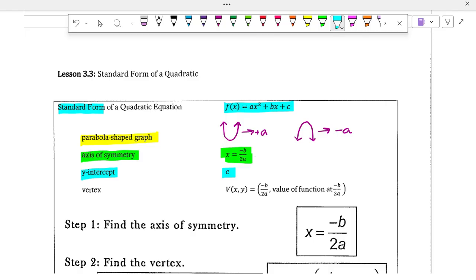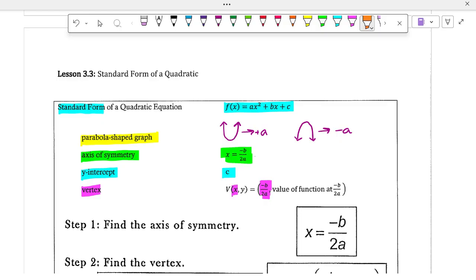All right, and then lastly, for the vertex, the b over 2a that we got from the axis of symmetry, that's our x value.